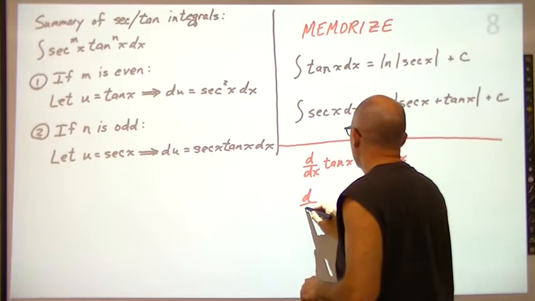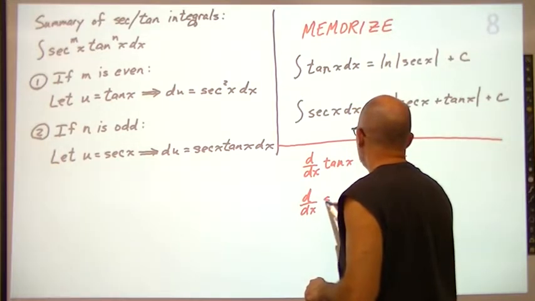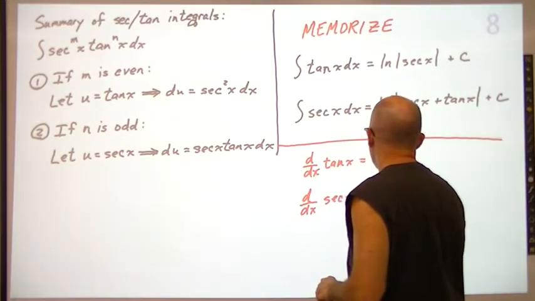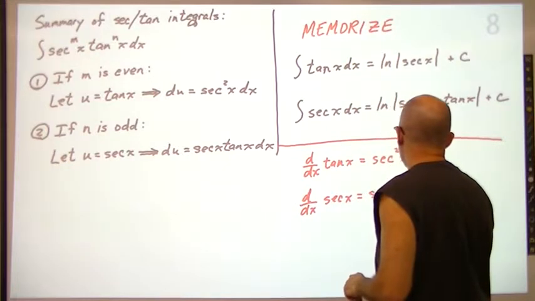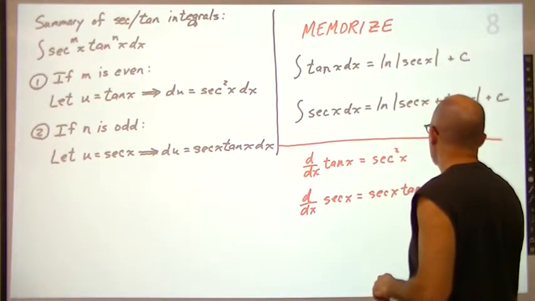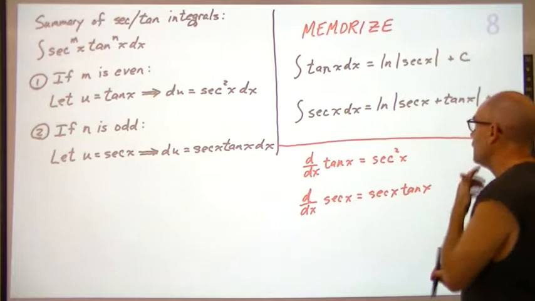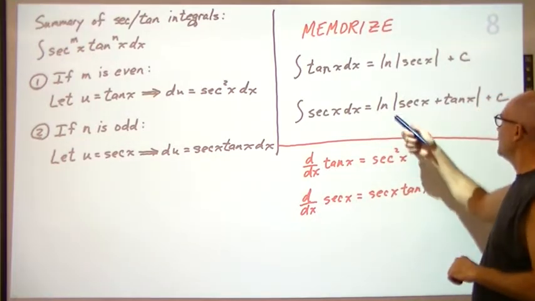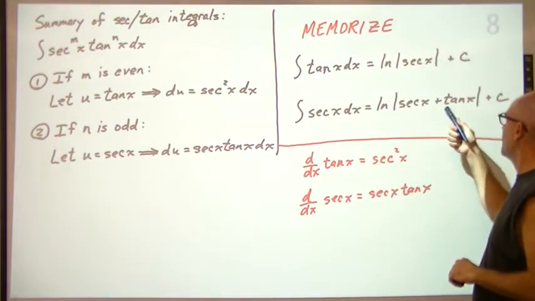And the derivative of secant is secant tangent, so the integral of secant is natural log secant plus tangent.